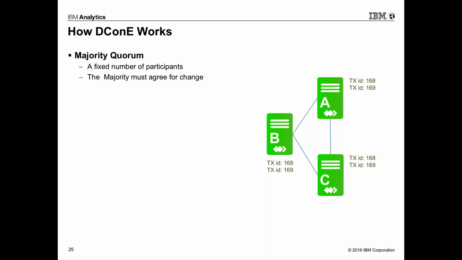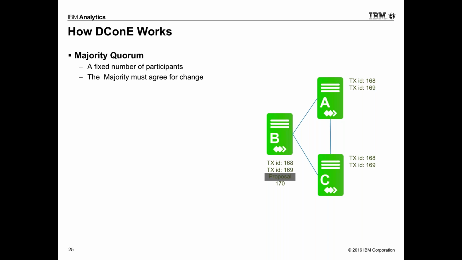It is mathematically proven, and essentially all participants in the replication scheme have to reach a majority quorum before a transaction or a write request can be written on all participants.